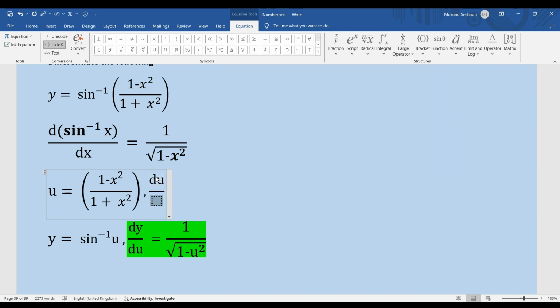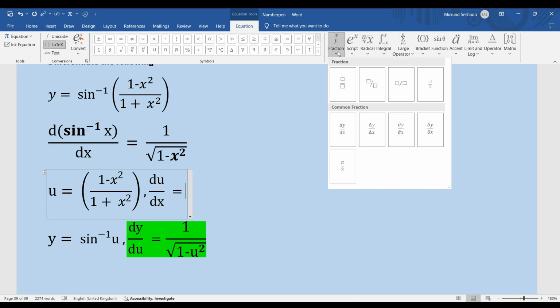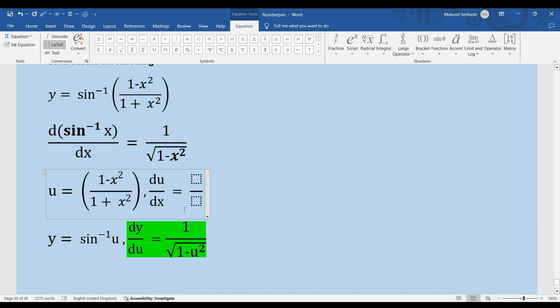And what is my du by dx, right? You'll have to excuse me, folks. I'm going to skip the steps where I do the substitution. I'm skipping a couple of interim steps because by now I assume that you are quite familiar with how to approach a problem using the quotient rule, right?